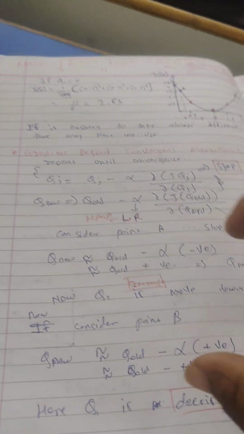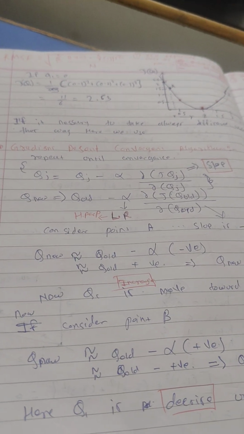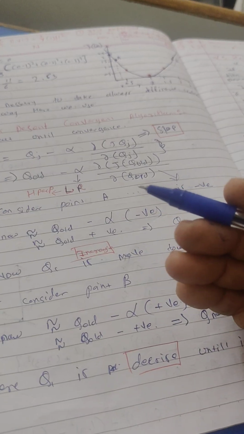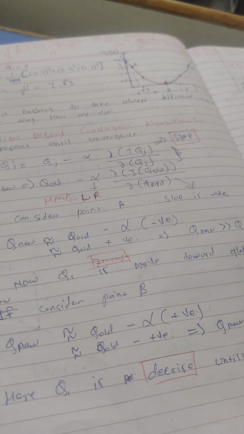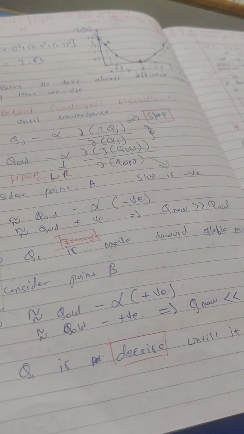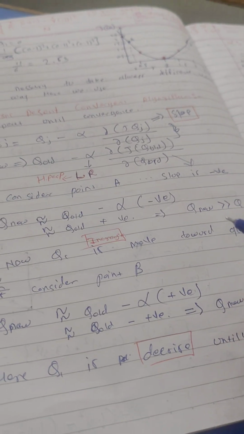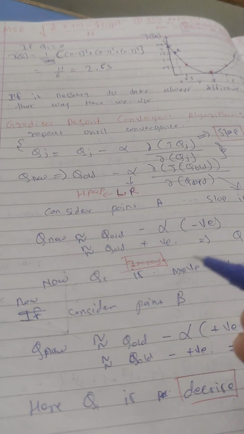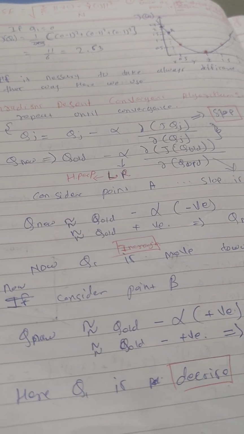If we calculate this process for only 3 points, that is fine, but in the real world we don't have only 3 points. In a real data set we have millions or billions of data points. So how are we going to follow this process? This is very difficult. That's why we use the gradient descent convergence algorithm.